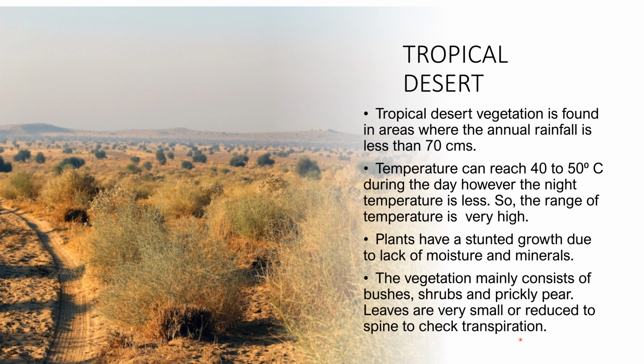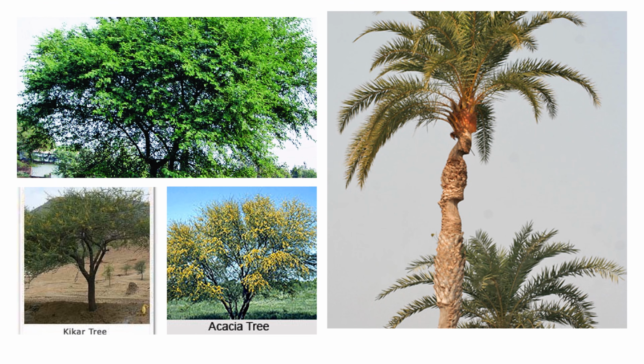Another very important adaptation of the tropical desert plants is that they have very long roots so that they can go deep down under the land in search of water. In some places where rainfall is slightly heavy, we find kikar trees, acacia, and the date palms.